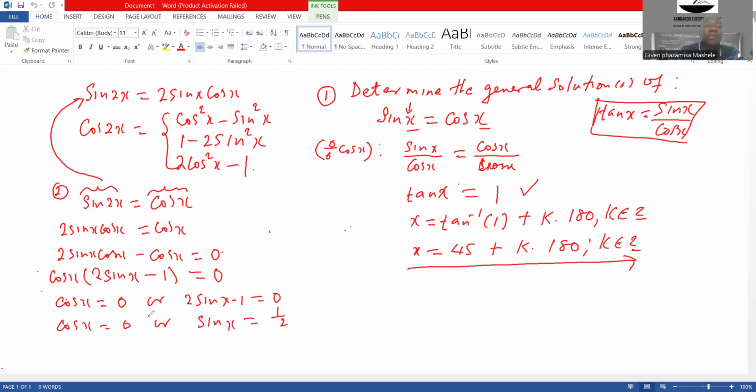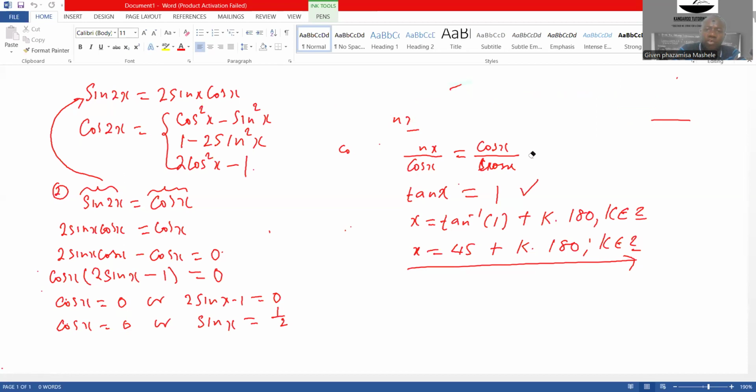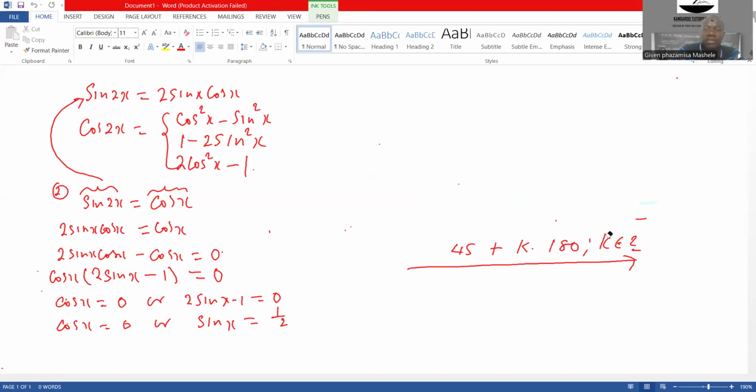But we know that we have to determine the general solution of the two expressions. Since here we have both sine and cos, we're going to have 4 general solutions. Why am I saying 4? Cos has 2 solutions, which have the same angle but differ in sign, because we're going to have plus and minus. We're going to start with the first one.